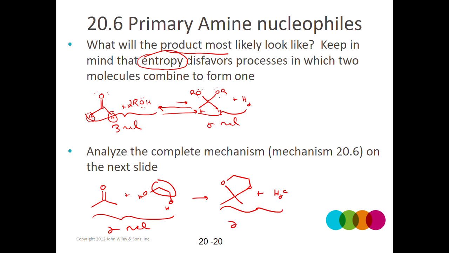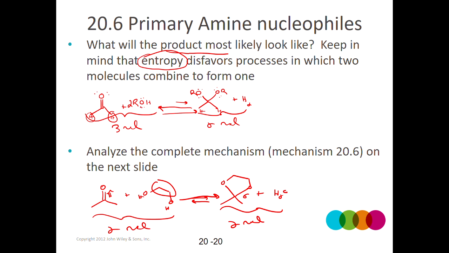So we said, in that case, since the number of moles isn't really changing, the process is more of an equilibrium, and since we're going from a pi bond to a sigma bond, it's actually going to be mostly product favored. So we figured out how to make that work by taking away the fact that entropy makes a reaction normally favor the reactant side.